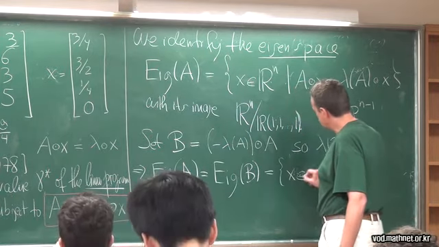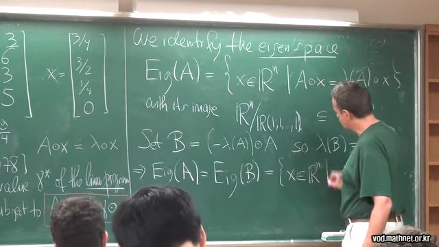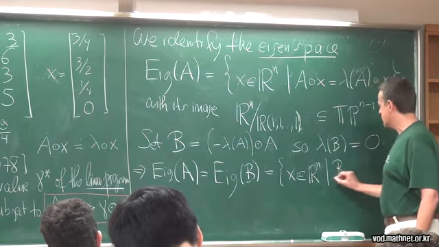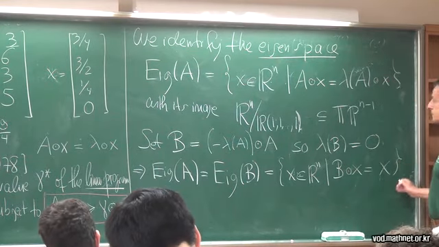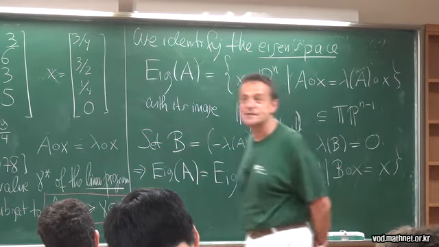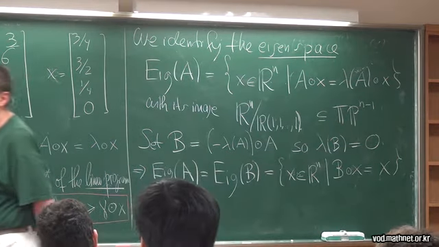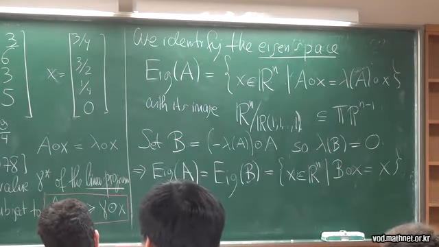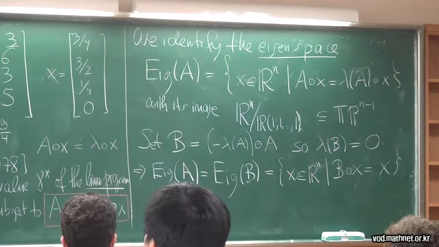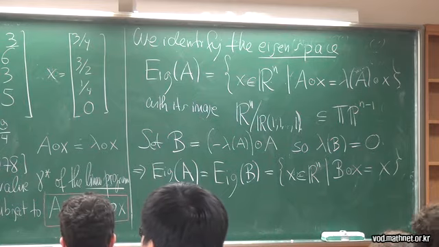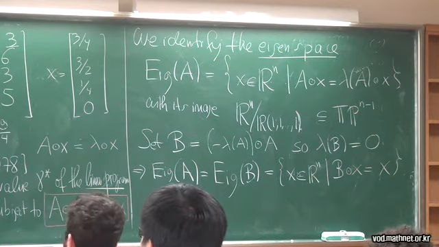Okay, so let's spell this out. We're interested in the set of all eigenvectors x in R^n such that Bx is 0 times x, and remember 0 is the multiplicatively neutral element, right? So we're interested in solving the equation Bx equals 0 times x, or equivalently Bx equals x.